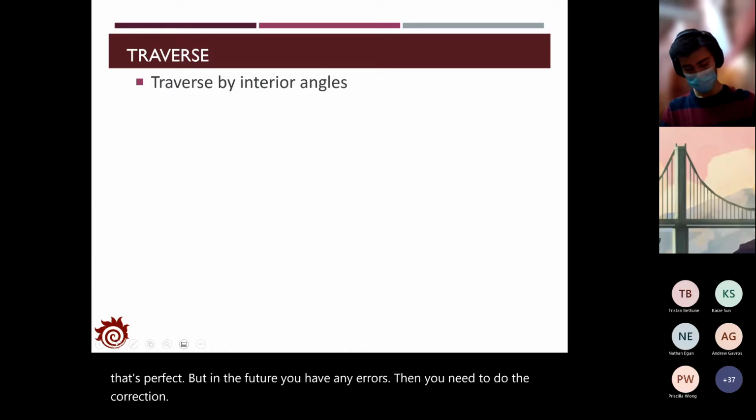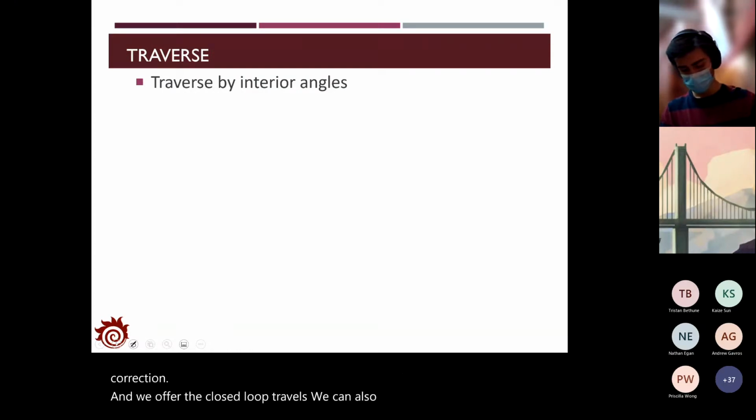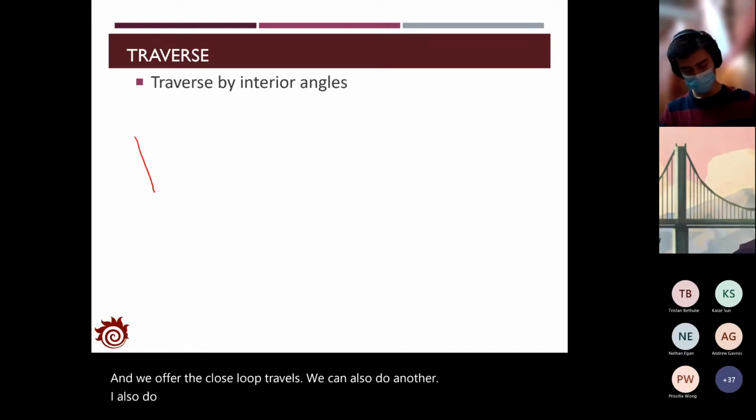And for the closed loop traverse, we can also do the traverse with the interior angles, which would be more straightforward.